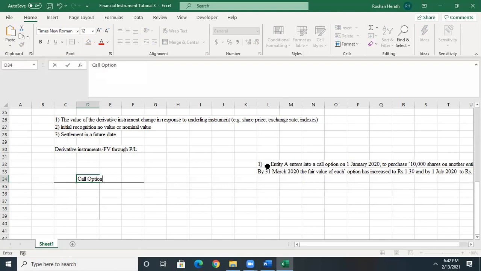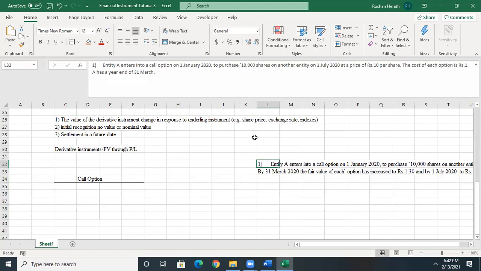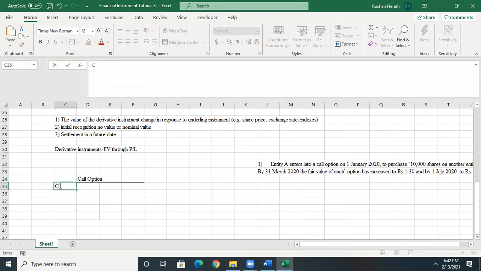and initially, when you come to the share option, you have a very nominal value. But in some cases, you may find that at the initial recognition there would be no value at all. So it's cash: 1 rupee each into 10,000 shares, so 10,000.